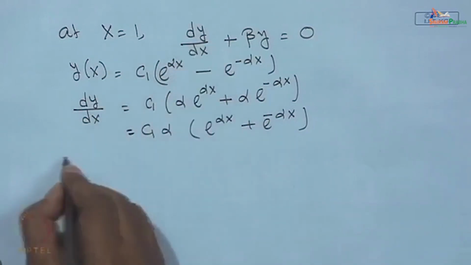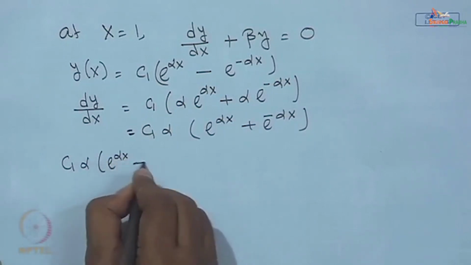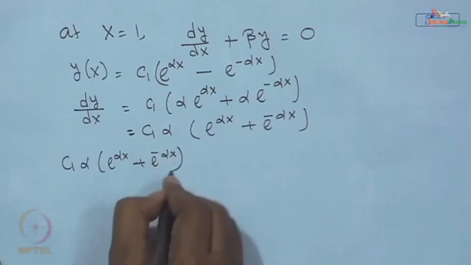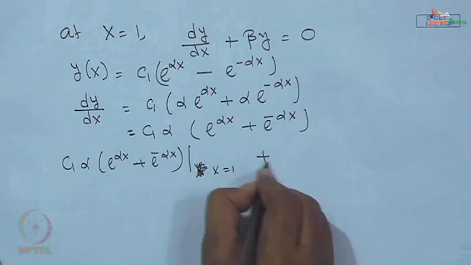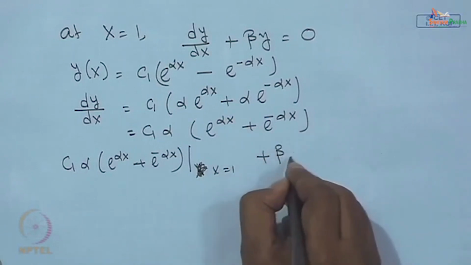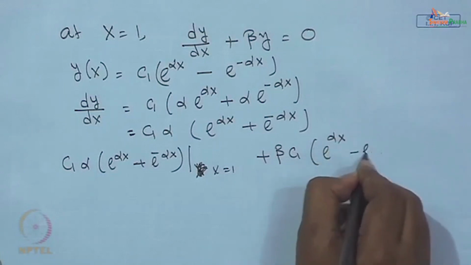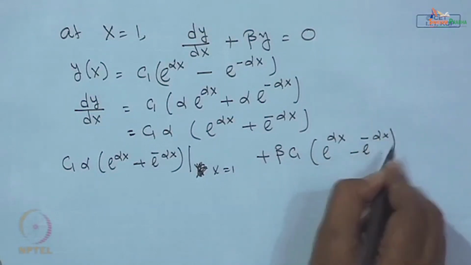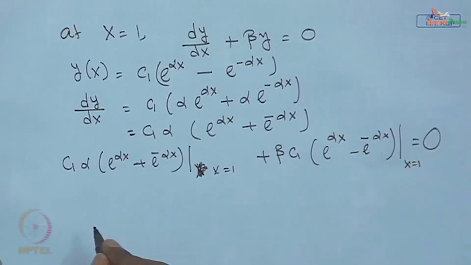So, dy dx will be evaluated at x is equal to 1, e to the power alpha x plus e to the power minus alpha x, the whole term evaluated at x is equal to 1, plus beta times y, which is C1 times e to the power alpha x minus e to the power minus alpha x, whole term evaluated at x is equal to 1, should be equal to 0.